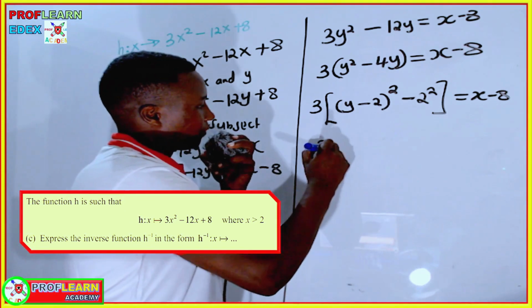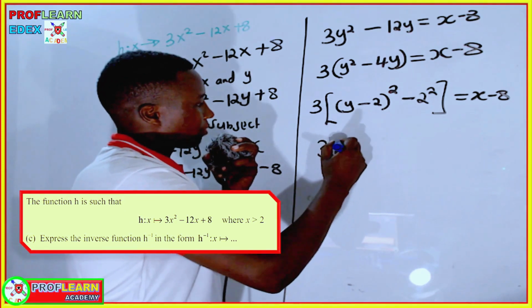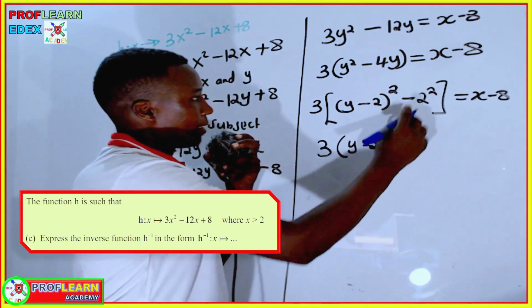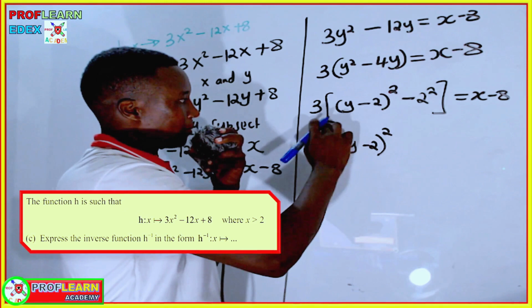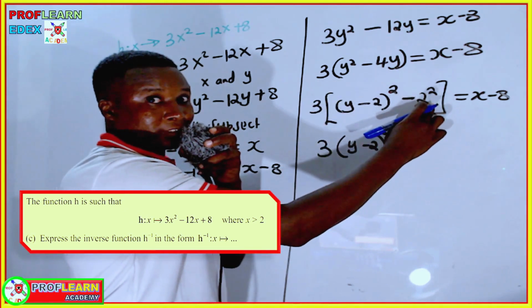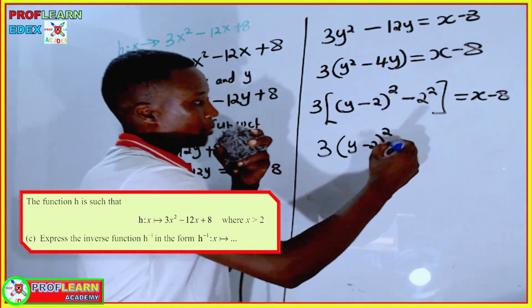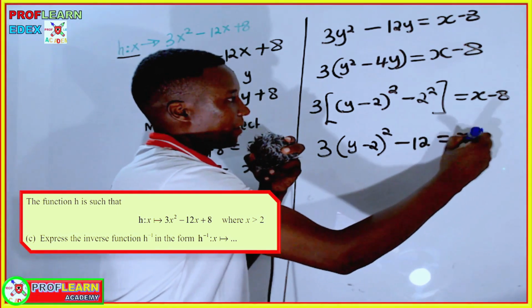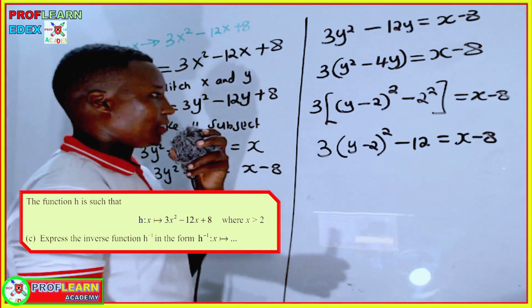So we shall have 3 into y minus 2 squared, but squaring this, and remember there's this bracket, squaring this becomes 4. 4 times 3 becomes minus 12 equals x minus 8. All right.